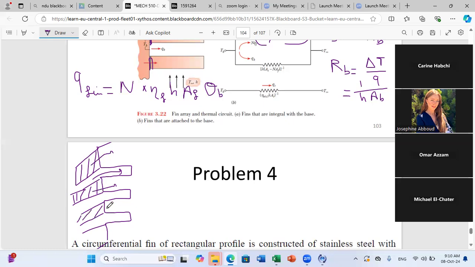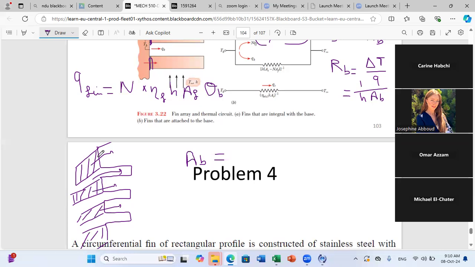So you can say that I will consider all areas not covered by fins together, and we will call that area AB. AB is the area not covered by fins, and it's equal to this area.